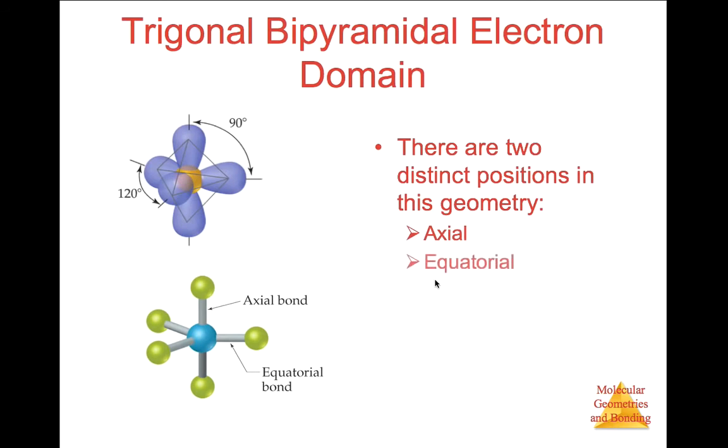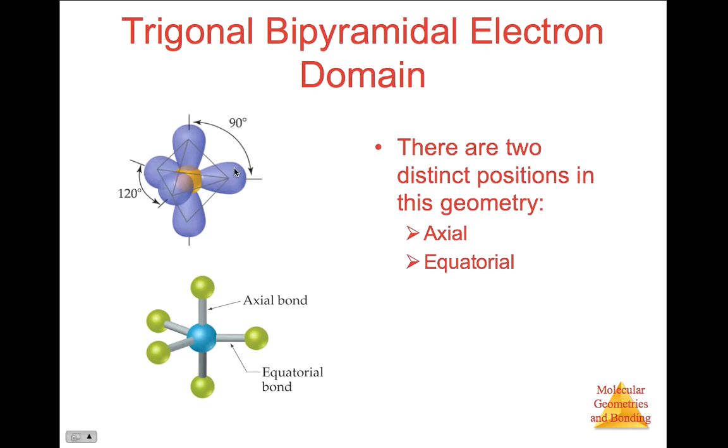If there are 5 electron domains, we then enter what's called the trigonal bipyramidal electron domain geometry. Notice there are 2 distinct positions in this geometry. Axial, that's up and down, and equatorial, which is around the center, like the equator goes around the Earth. This is the axial bond right here, these 2. The equatorial bonds are here, here, and here. And notice the bond angles are different. In the equatorial, there are 120 degrees between.